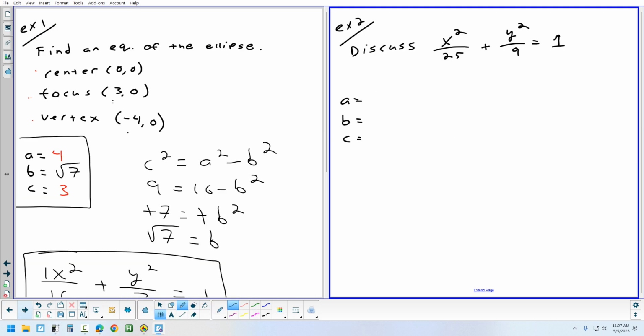Try this one. Okay, so this is a different kind of question. In this one, I am giving you the equation. I want you to tell me all about it. Okay. When you have to describe an ellipse, here are the things I would want to know. What is the coordinate of the center?